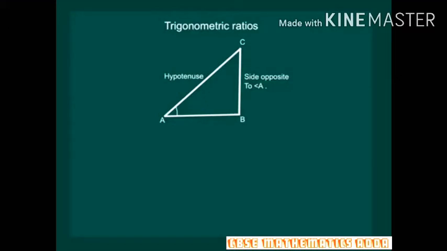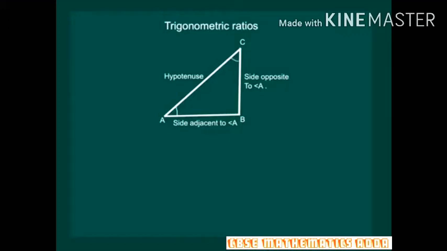Then AB is the base here, and this AB is called the side adjacent to the angle A. BC is called the side opposite to the angle A, and AC is the hypotenuse in the triangle ABC.